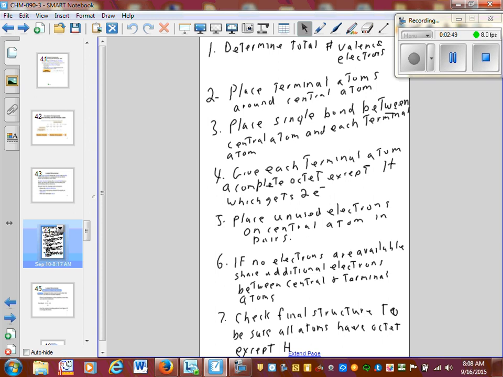If the central atom needs additional electrons and you don't have any left, you have to borrow them from the terminal atoms. The idea is everybody gets 8, the octet rule, except for hydrogen, which needs 2. Sounds complicated. We're going to do a couple examples. You'll see it's fairly straightforward. I know, heard that before.